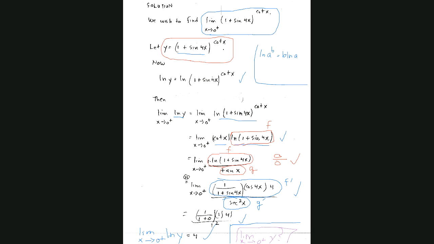Okay, all right, good. So again, this here was our original problem. Finding the limit as x approaches 0 from the right of 1 plus the sine of 4x raised to the cotangent of x power. But that was equal to the limit of y, because we defined y to be 1 plus the sine of 4x raised to the cotangent of x power. But here's what's really cool.